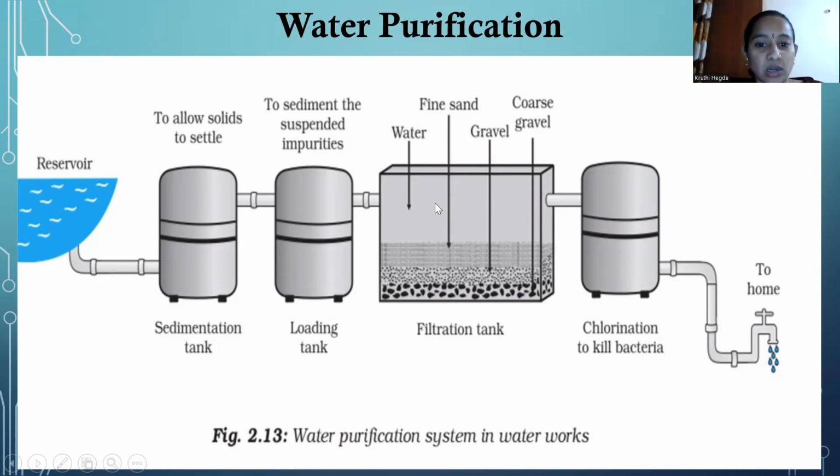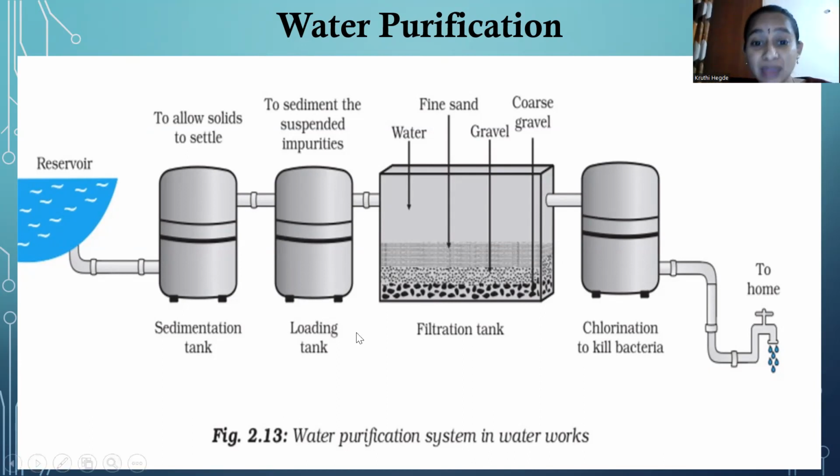Then we'll have water. When the water passes through these layers, it gets purified because at different layers we have different sized gravels or different sized particles. When water passes through those different sized particles, any impurities left in the water get removed.